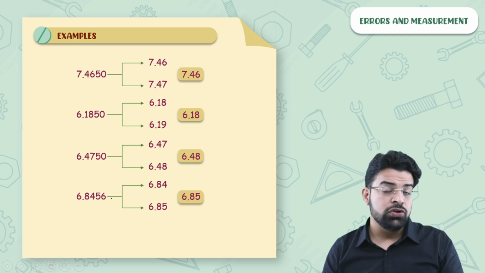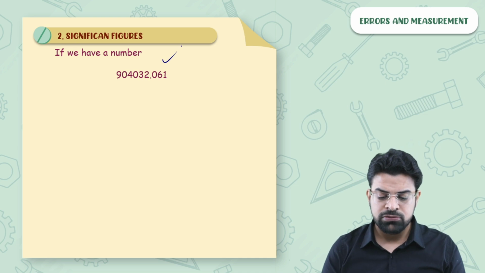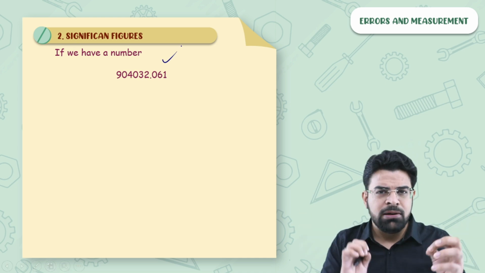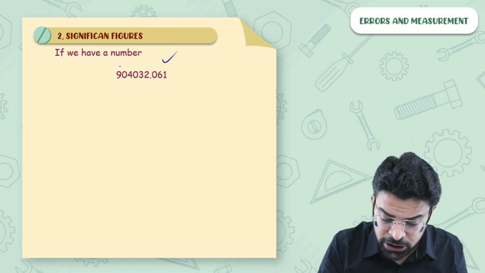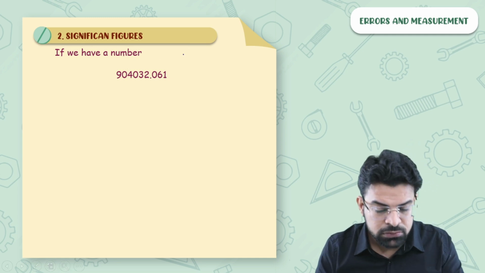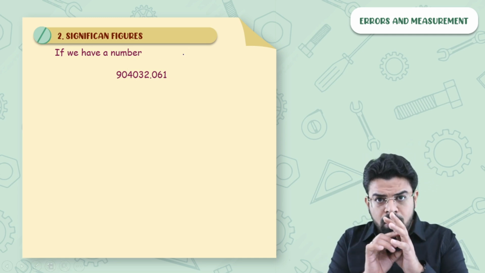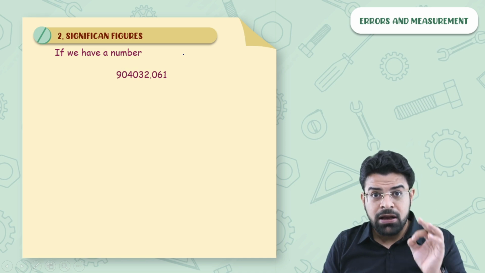So let's move on to significant figures. Let's say you have this number. This number came from some type of measurement. Somebody measured a length and got it to be 904,032.061. Now out of all these digits, which digit can have the most amount of error?